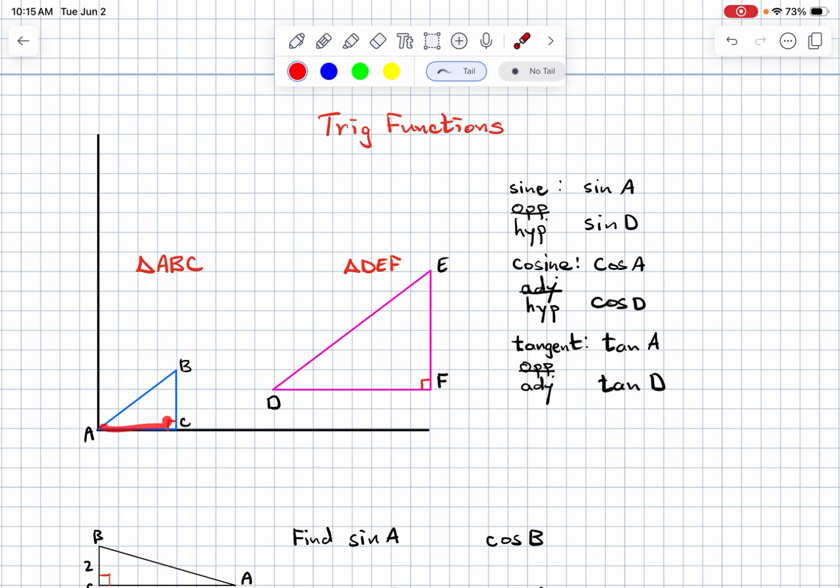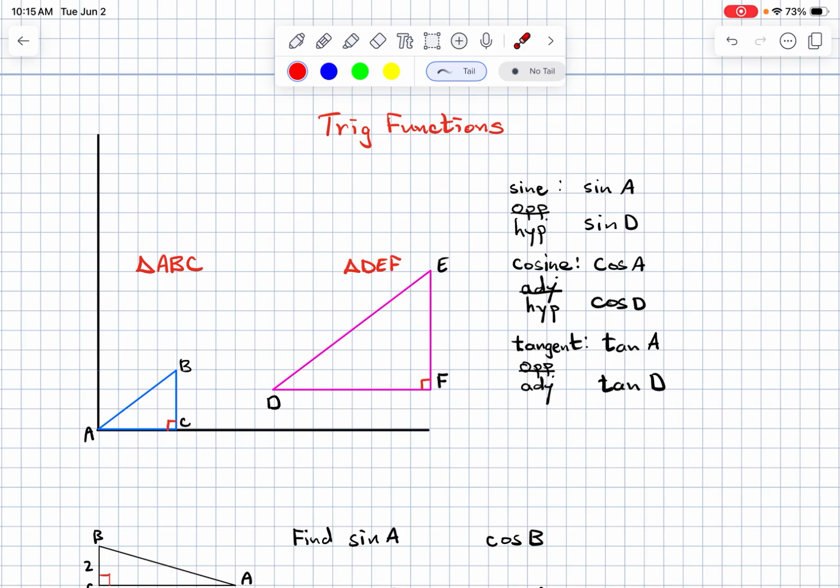So this side has 4 and this side has 8. This side has 3 and this side has 6. It looks like I've multiplied all the sides of ABC by 2, so these triangles are similar. The difference between the big triangle and the little triangle is that I've multiplied all the sides by 2.